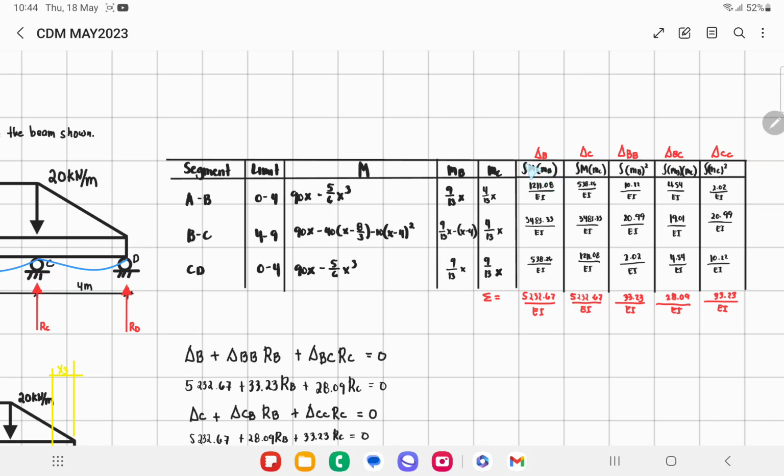So, when we integrate, kunwari, number 1, segment AB, from 0 to 4, and then yung M na malaki, 90x minus 5 over 6x cubed, times our moment at that virtual system. So, 9 over 13x dx. So, we can achieve this answer.